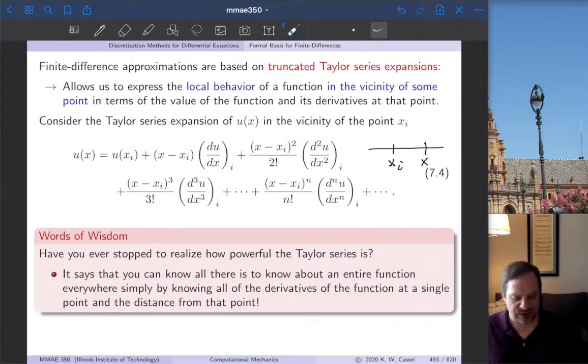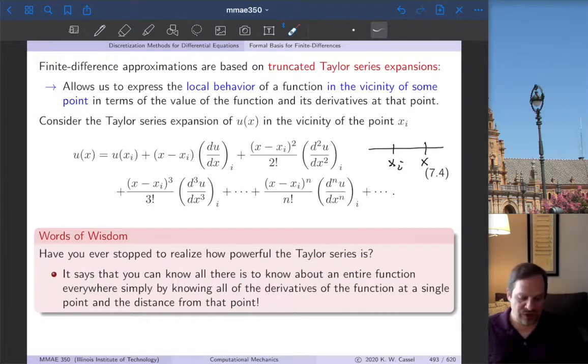So again, it's telling us how we can get u of x at a point near another point where we know the value of u and the derivatives of u. And that's my insightful statement down here. You probably remember I got all excited about this way back at the beginning of the semester, but I'll say it again because it really is amazing.